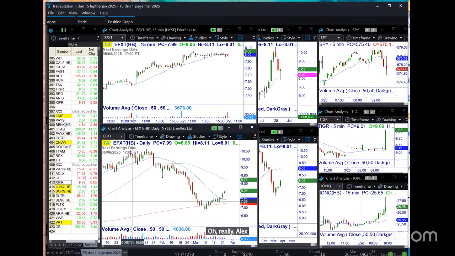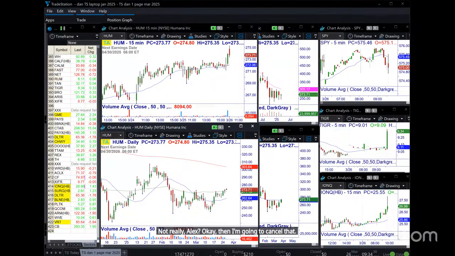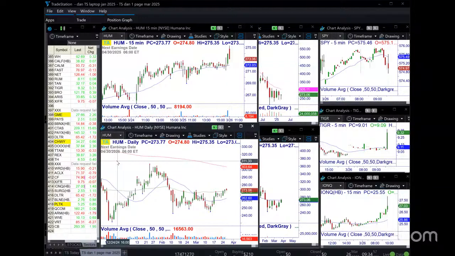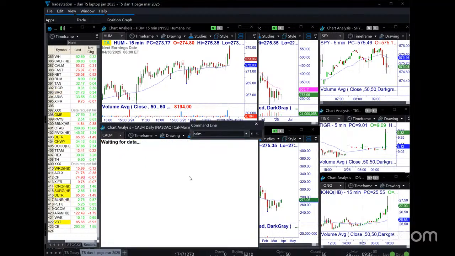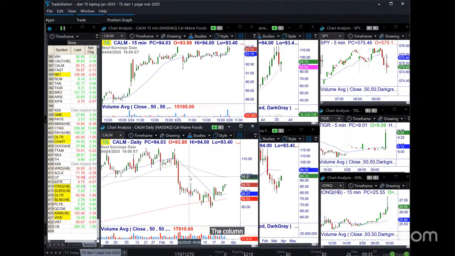Okay, then I'm gonna cancel that for the directional. The column hasn't triggered, but I still like it.